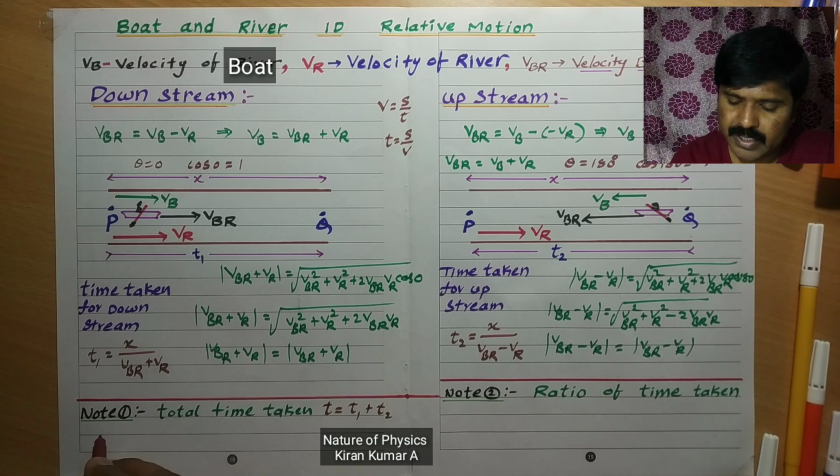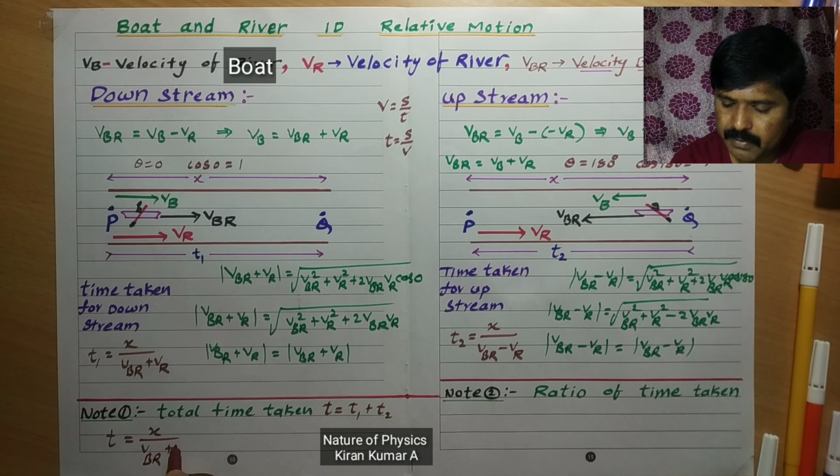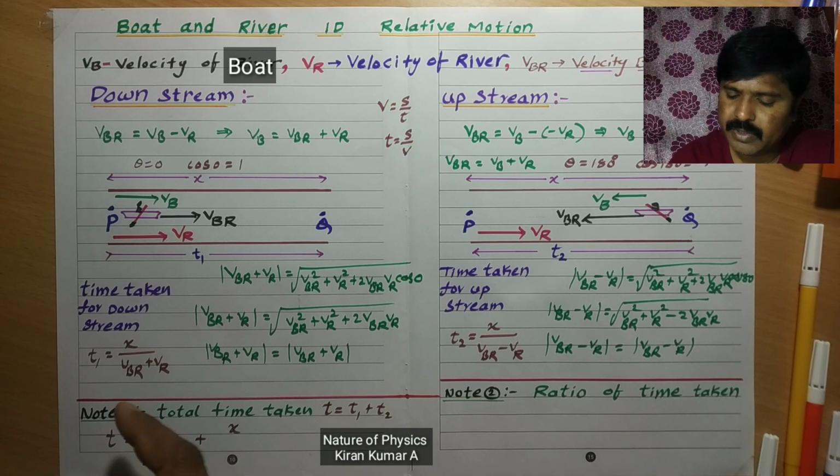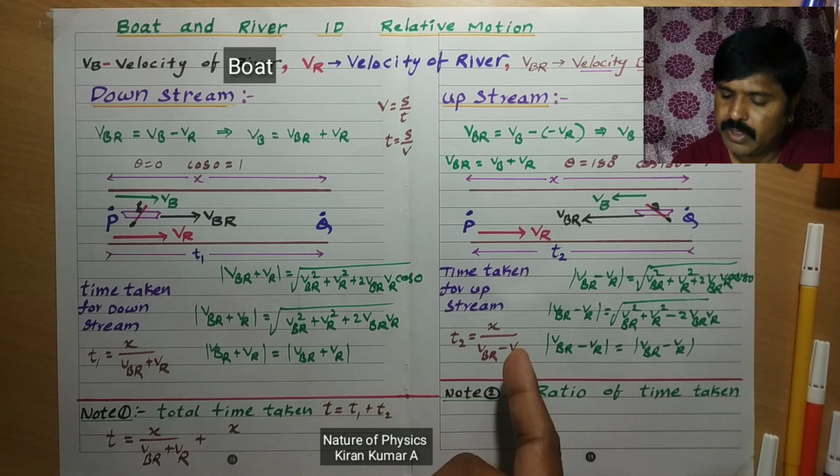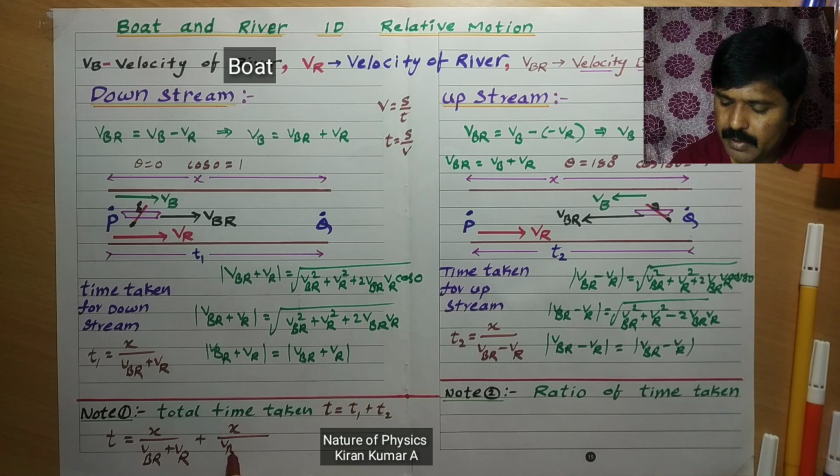So total time T equals x divided by Vbr plus Vr, plus x divided by Vbr minus Vr.